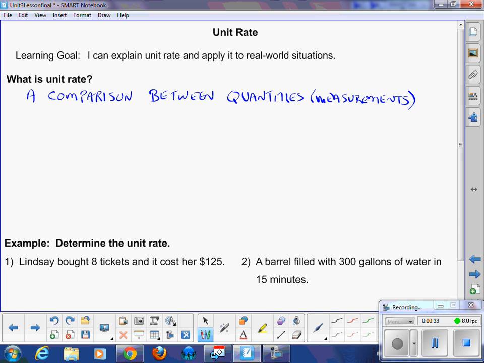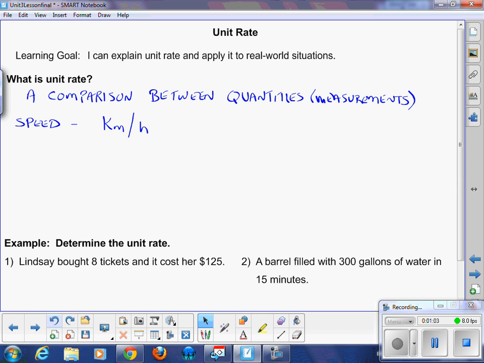Well, we can look at speed. Speed is an example of a unit rate, and that is kilometers traveled per hour. Okay, and you know you have a unit rate when you have that slash, that division sign, because that per means we are talking about something per hour. Okay, so that slash is an indicator that you are dealing with a unit rate.